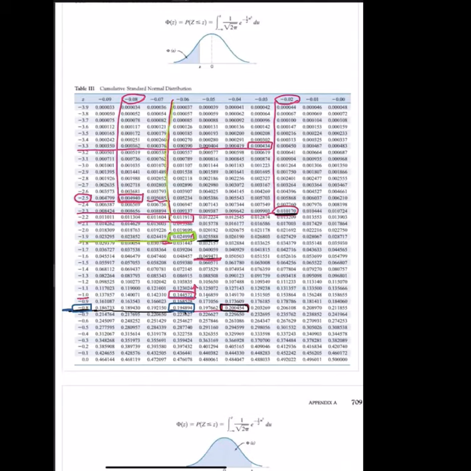The values that we get from this z table are always such that the probabilities in the body of the table show the area less than that value.